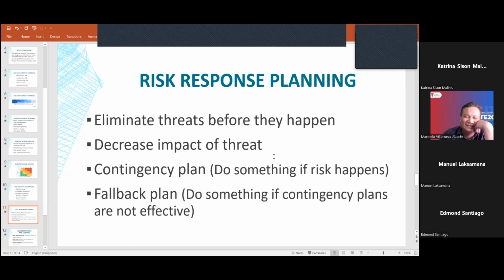And then a fallback plan also. So do something if contingency plans are not effective. In terms of risk response planning, we are just heading to the future while we are still in the present, because we already know that at some point in risk management, there will be possible risks or problems or issues that will occur, not just in the software, but also in every aspect of the organization.